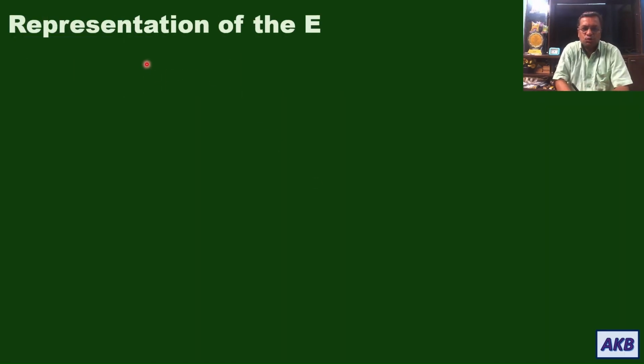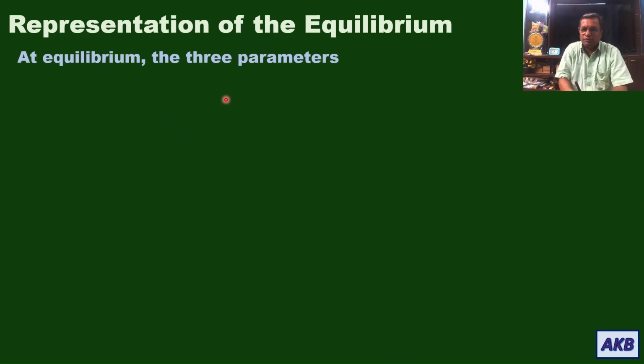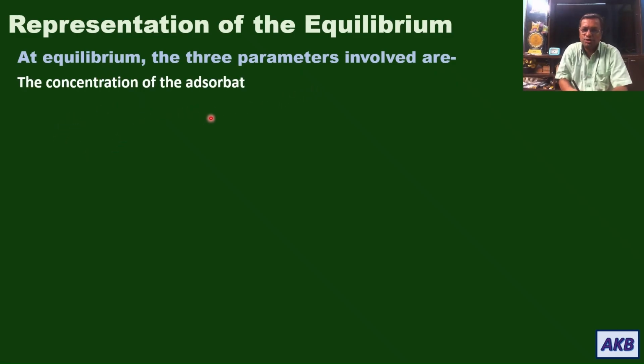To begin with, let us know how adsorption equilibria is a representation of the equilibrium. So, when the adsorbent phase, that is solid phase, comes in equilibrium with the fluid phase, 3 parameters are important at equilibrium. Which are the 3 parameters? One is the concentration of the adsorbate in the fluid phase.